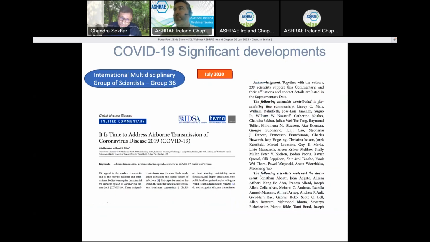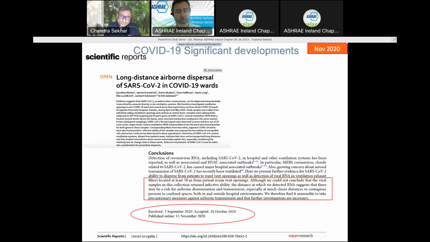And it led to further commentary in journals like Clinical Infectious Diseases, where several other scientists who work in this field came to acknowledge the fact that airborne transmission is something we can't ignore.